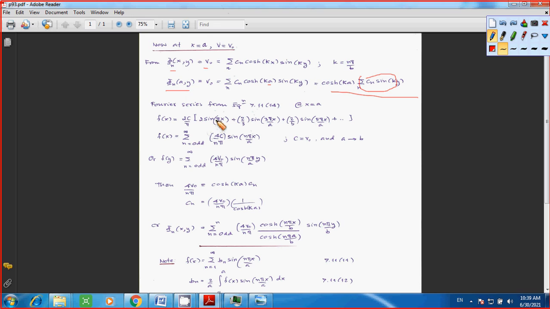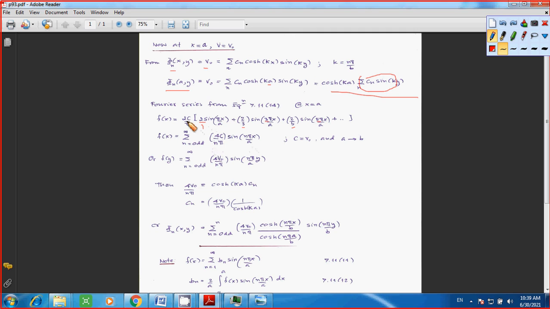You start from 1, 3, 5. Okay, this is n pi x over a. And for the coefficient you have 2 over 1, 2 over 3, 1, 3, 5, and so on.